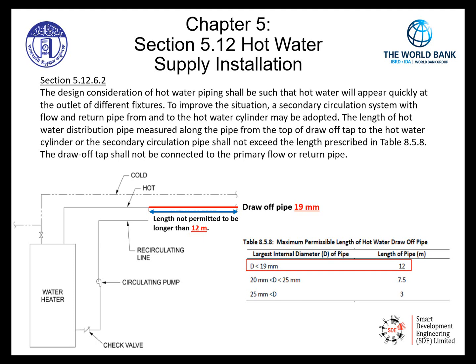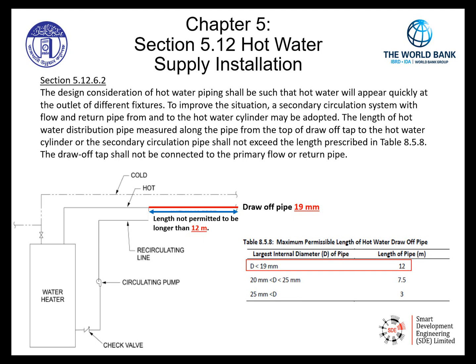The length of hot water distribution pipe measured along the pipe from the top of the draw-off tap to the hot water cylinder or the secondary circulation pipe shall not exceed the length prescribed in Table 8.5.8. The draw-off tap shall not be connected to the primary flow or return pipe.